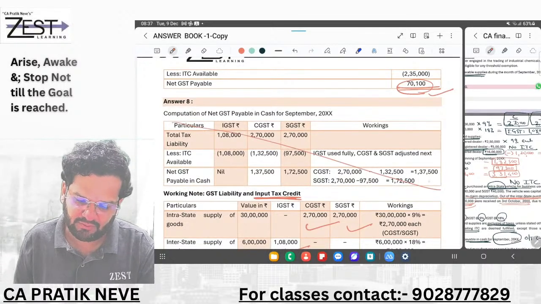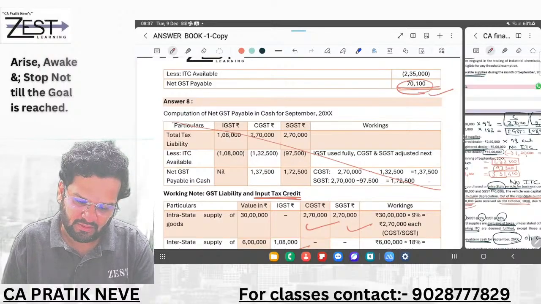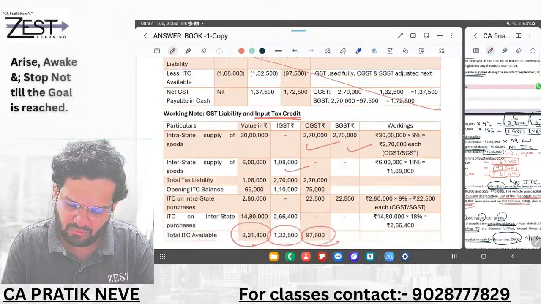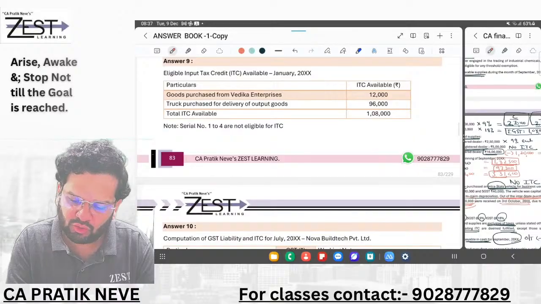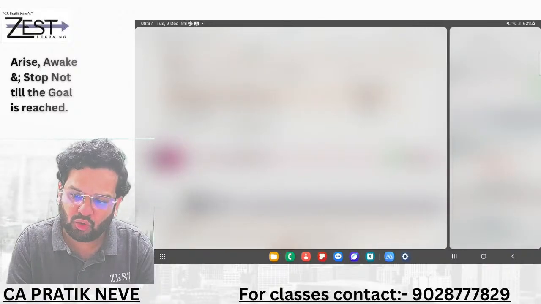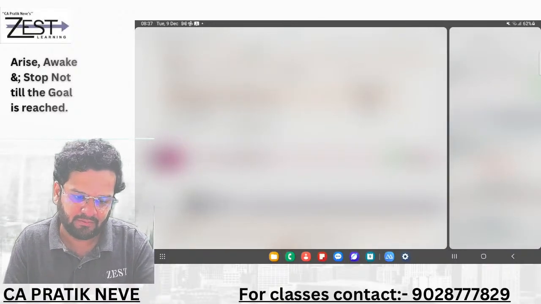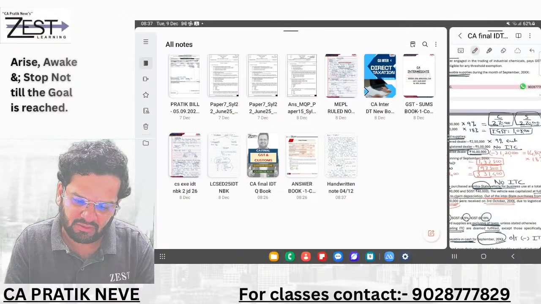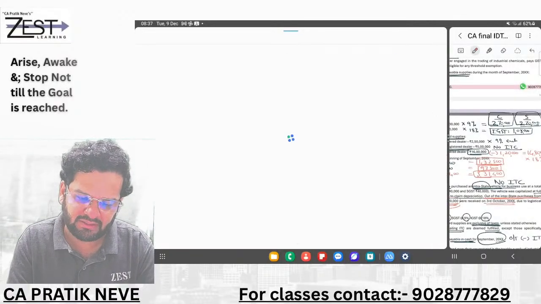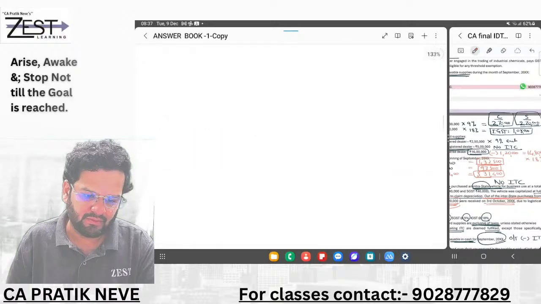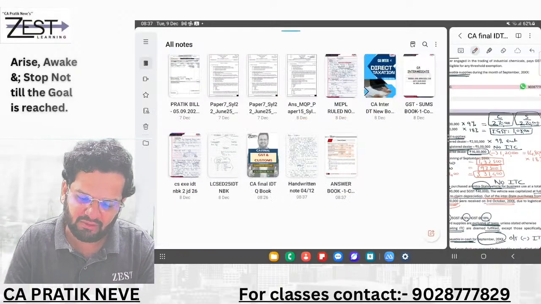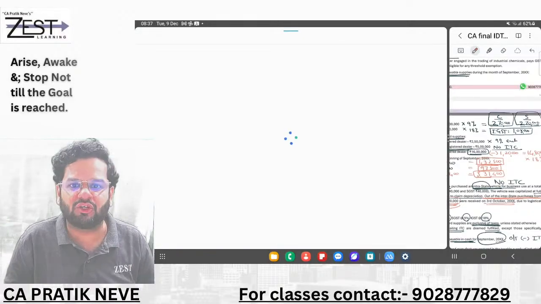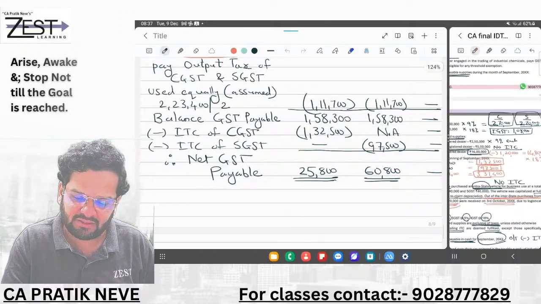Now, please understand that note properly. You should write such a note in the exam whenever there is a question of utilization of ITC, isn't it?